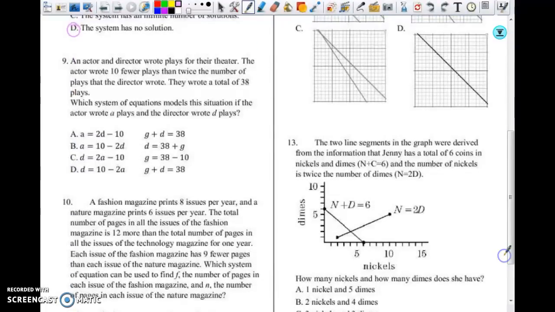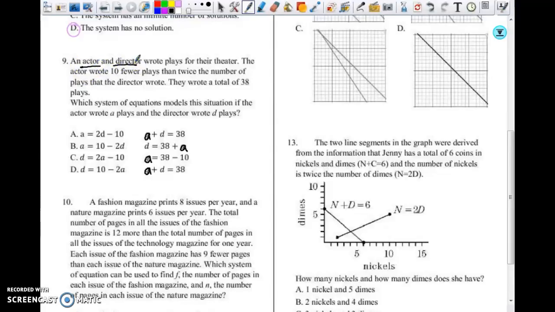All right, for number 9, there's actually some typos here. These G's, for some reason, on this side should not be G's. They should be A's. So I'm going to go ahead and correct those. Sorry about that. Those are A's, not G's. All right, because we're talking about an actor and a director, right?